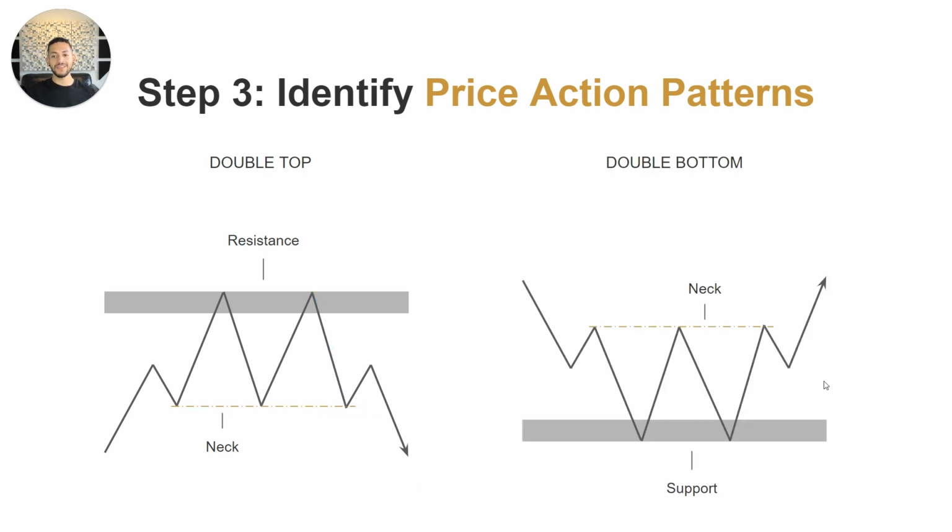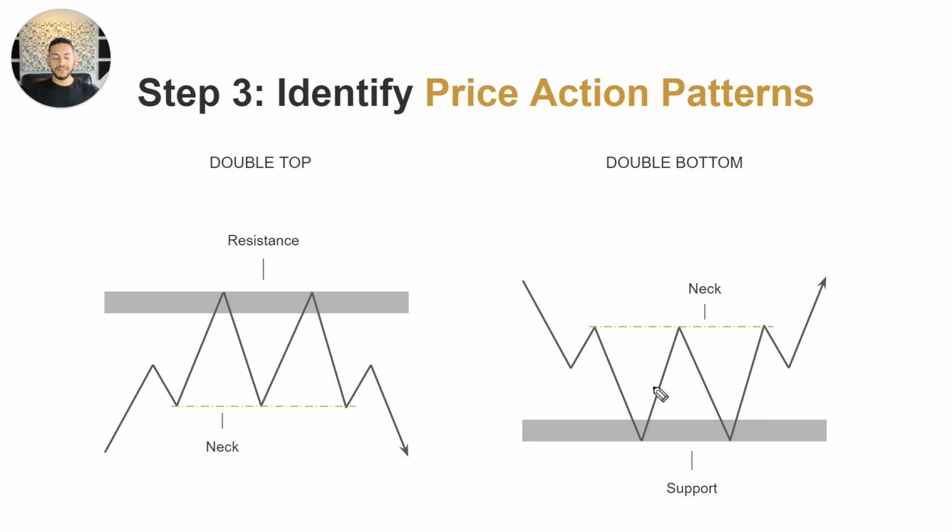Now let's look at the opposite pattern, which is the double bottom. The double bottom is exactly the same thing, but upside down. For example, here we're coming in a downward trend and we have a rejection. Price comes back to the level again, and we get a symmetrical rejection, creating a W pattern, just like this.